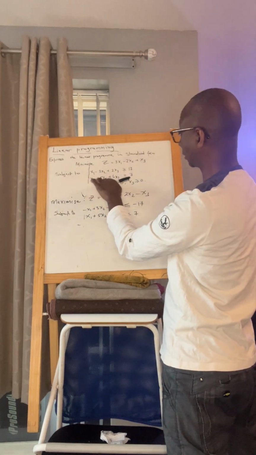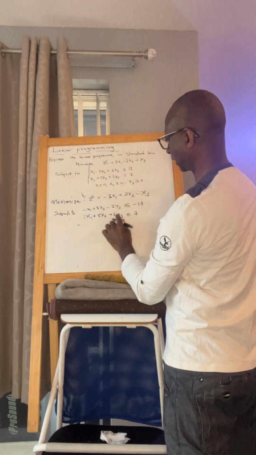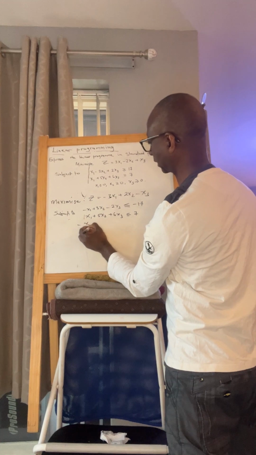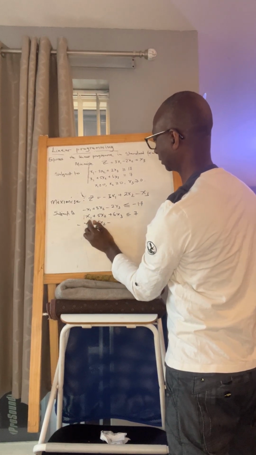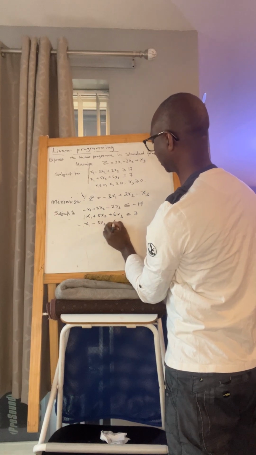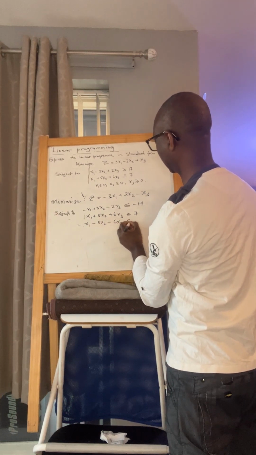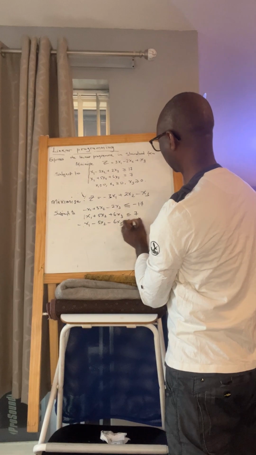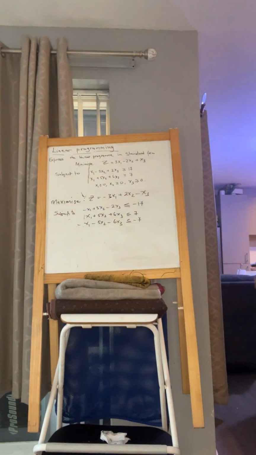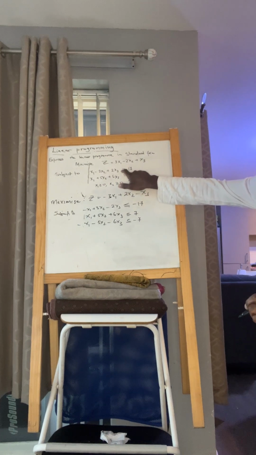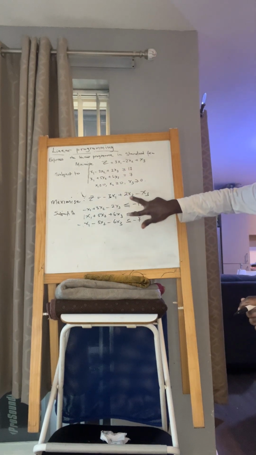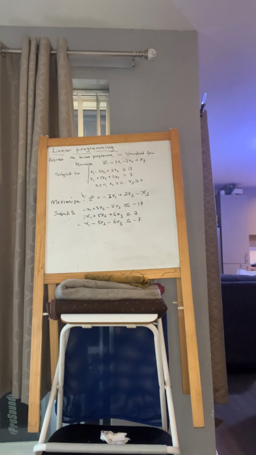It's going to be minus x1 minus 5x2 minus 6x3 less than or equal to minus 7. Because it's a plus sign, we don't want that. We don't want greater than. We want less than. So you see now, in the equations, everything is less than.